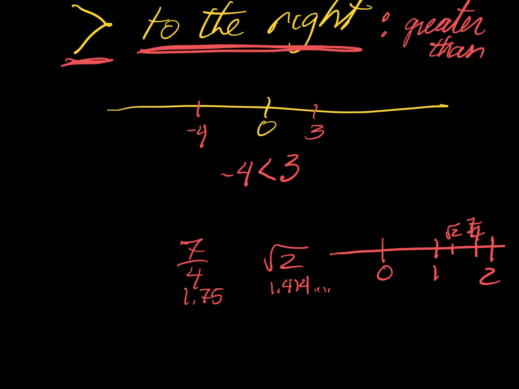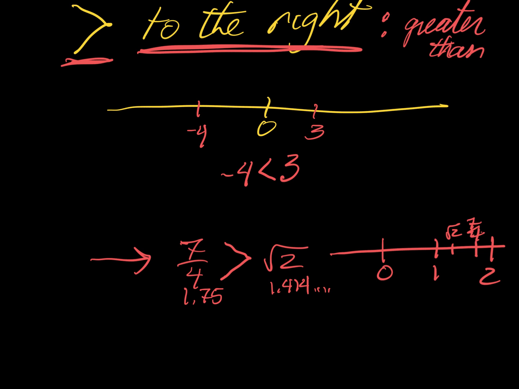Now, what I see is the square root of 2 is on the left, but mathematically, I read this from left to right, so I'm really asking, where's the 7/4? Well, it's on the right of square root of 2, so 7/4 is greater than the square root of 2. Okay? And that's how I do that.